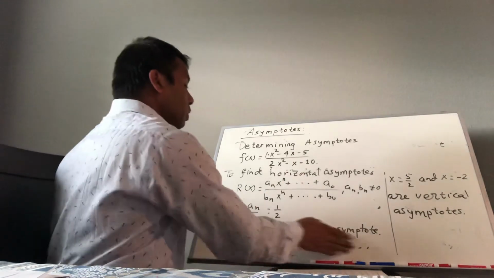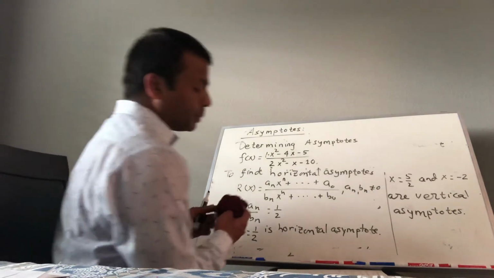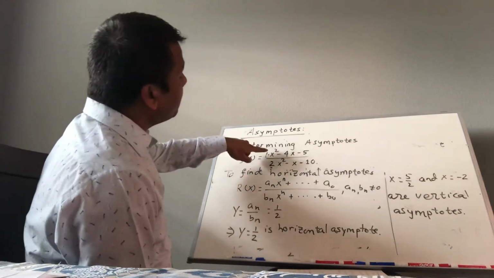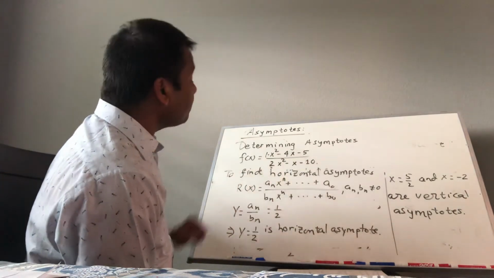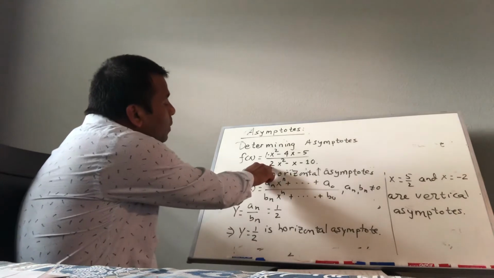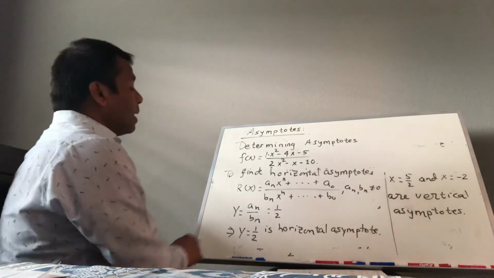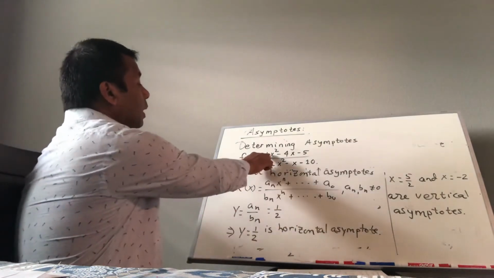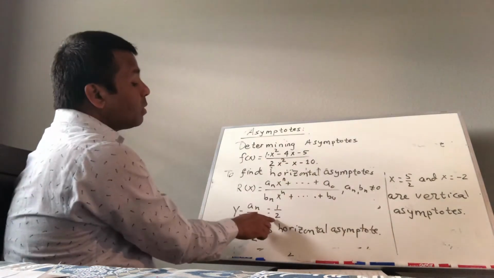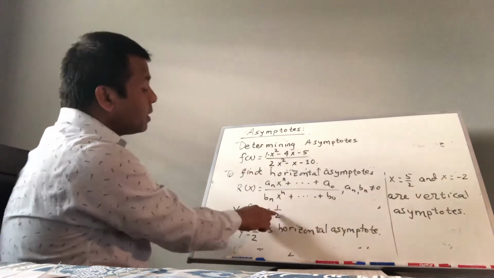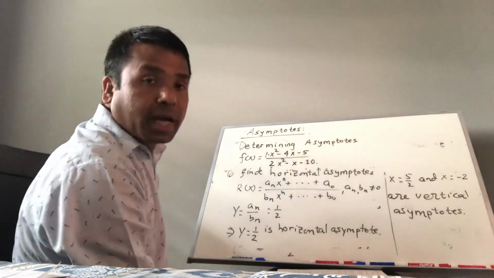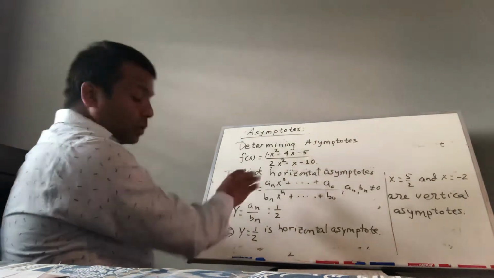So in this case, if the degree of the numerator polynomial and the degree of the denominator polynomial are the same, then y equals the leading coefficient of the numerator over the leading coefficient of the denominator is going to be the horizontal asymptote, okay?